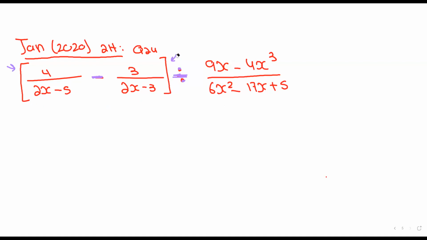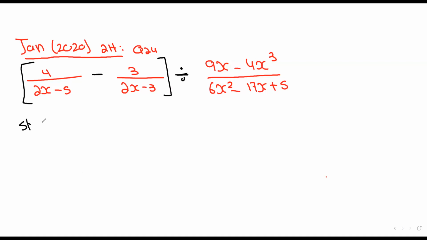But as I said in the previous question, what if there were no brackets? Then I would have to start with the division first. So be careful about this point, what the situation would be if the examiner hadn't put brackets. But the good thing here is that he put brackets to tell me to start with the subtraction first.